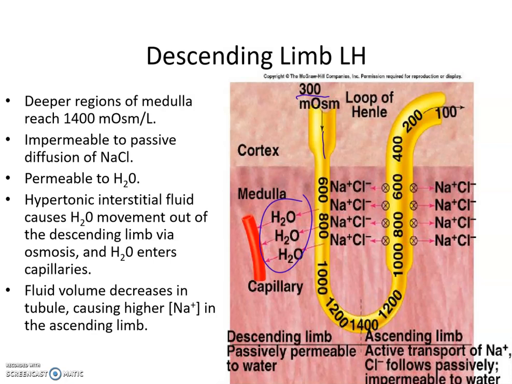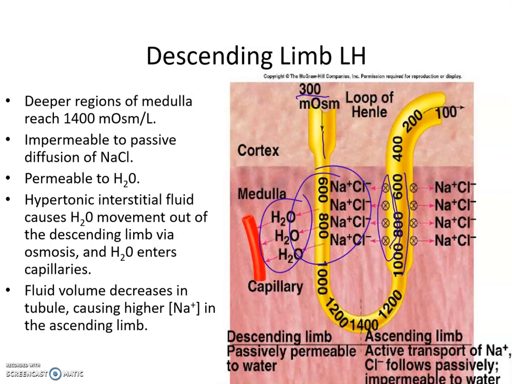We're only going to be able to achieve water movement if we put a high salt concentration in this area right here. Well, how do we get a lot of salt there? Well, at the ascending limb of Henle's loop, the back end right here, this end is permeable to salt, but not to water. So now we're going to use active transport of salt. That's these pumps right here that you see.